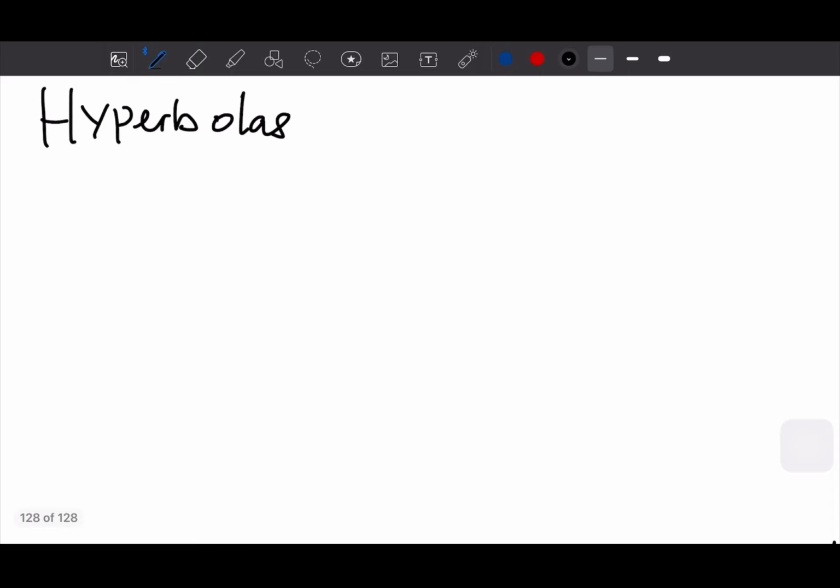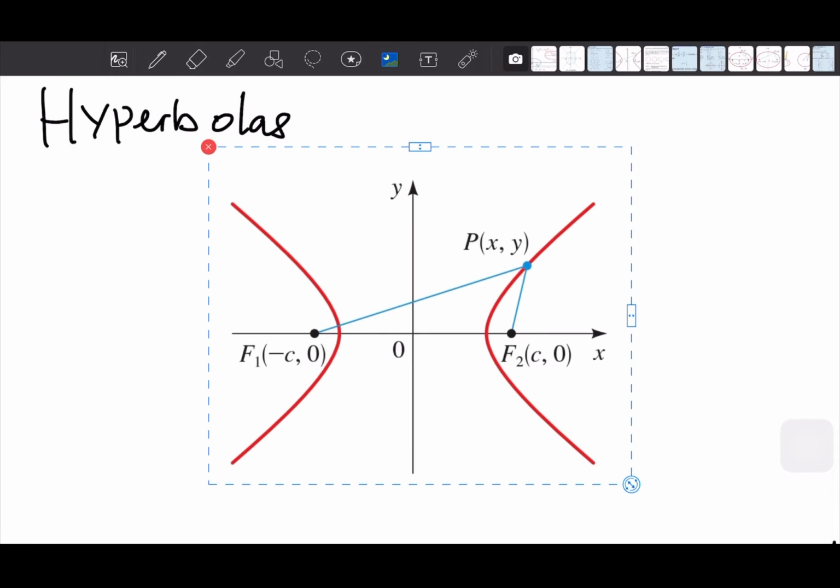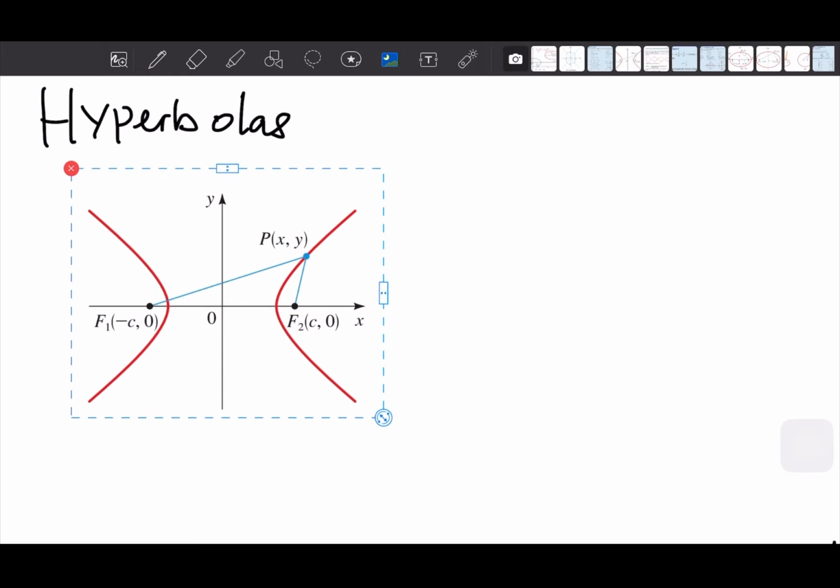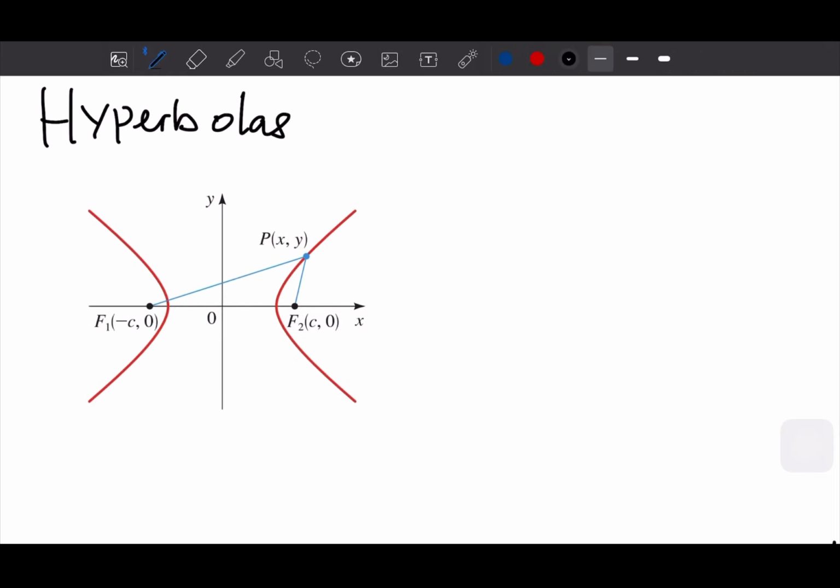So let me take the picture. Okay, this is the picture of the hyperbola. So we are going to have the same P. You can have the P on this side or the P on this side. Okay, so let's just start from this side. The P from this side, we are going to have a distance from F1 and F2.